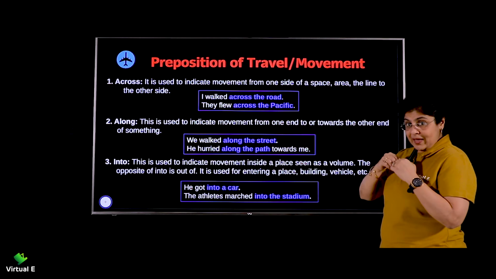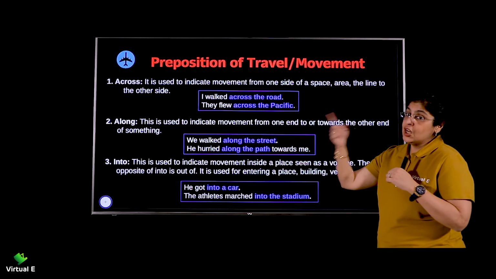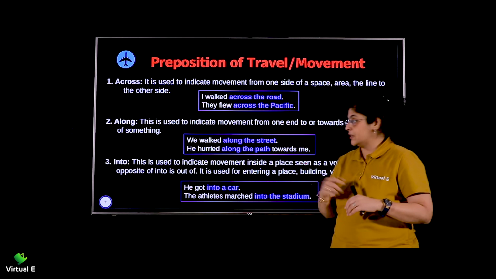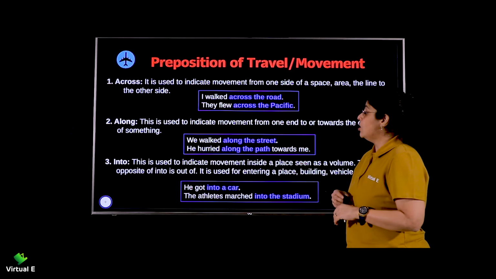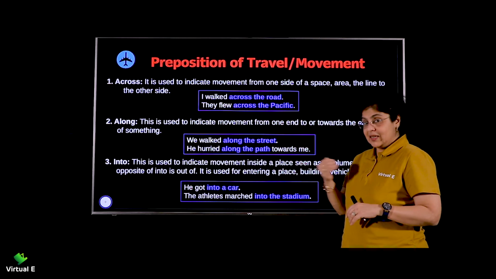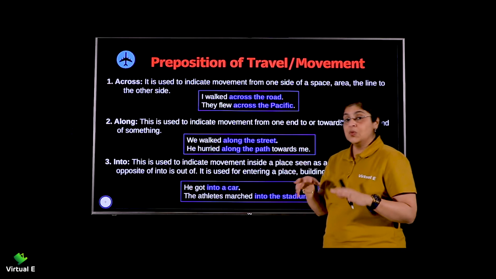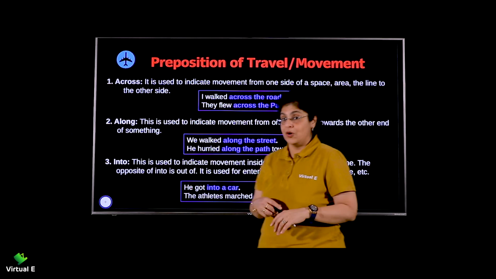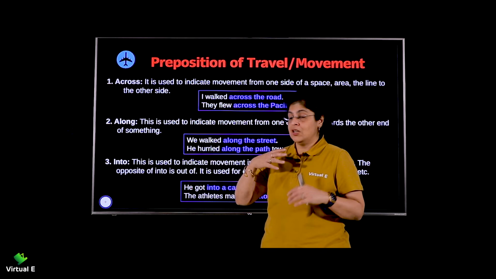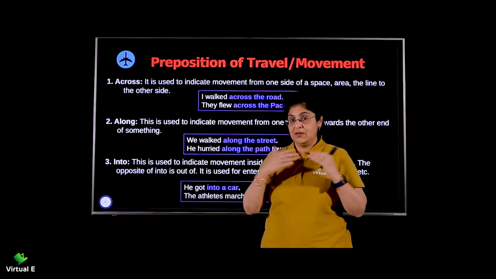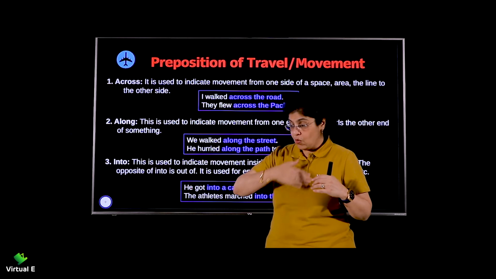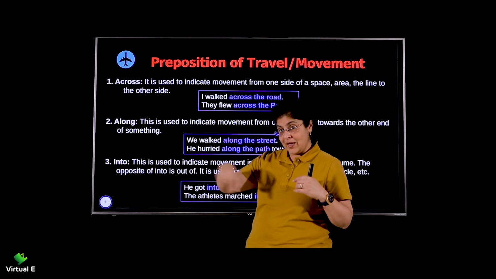Movement from one end of the street to the other end, or towards the other end of something. He hurried along the path towards me. He came from that side and he came towards me. I was walking along the seashore. We walked along the fence. The fence was there. You have the fence of the walls, right? Then when you're saying seashore, you are walking along, from one end to the other.